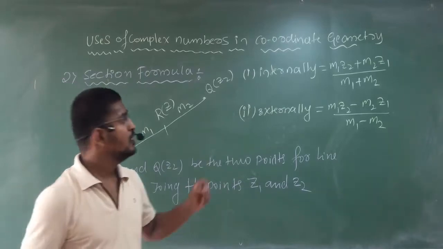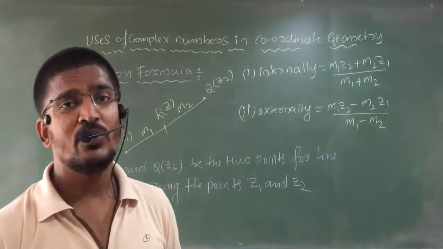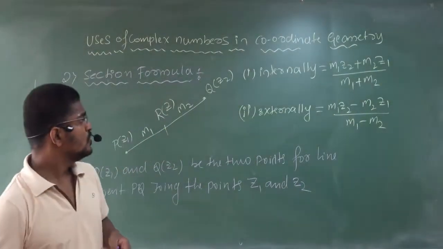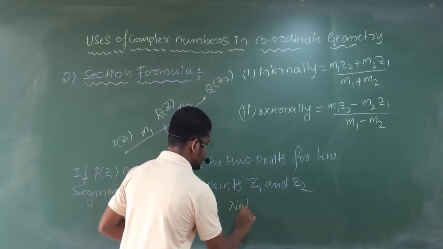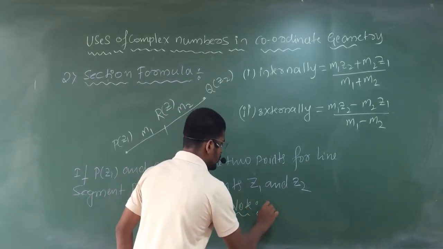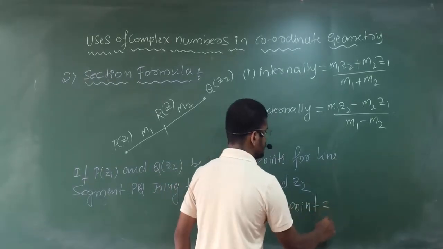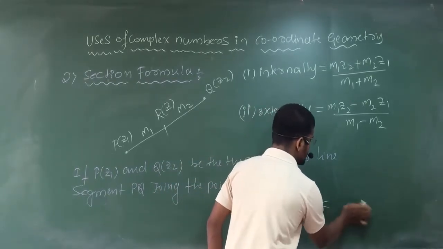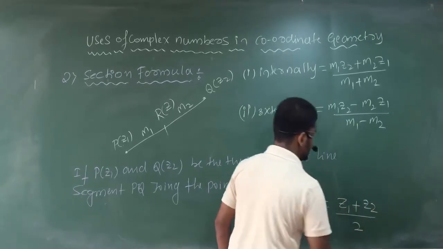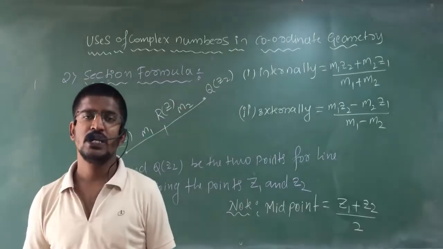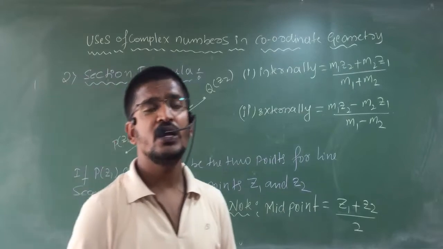Externally it will be M1 Z2 minus M2 Z1 divided by M1 minus M2. So suppose it is midpoint. Note, for midpoint it will be Z1 plus Z2 divided by 2.